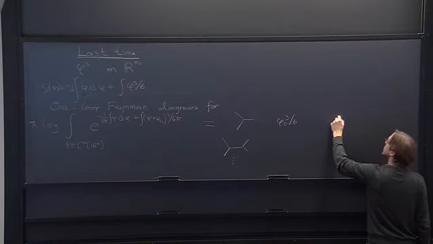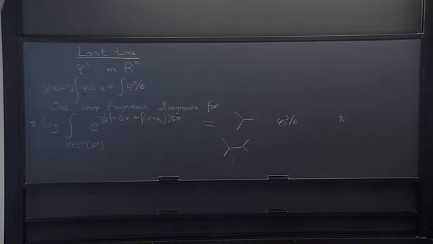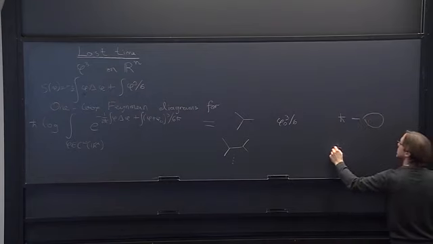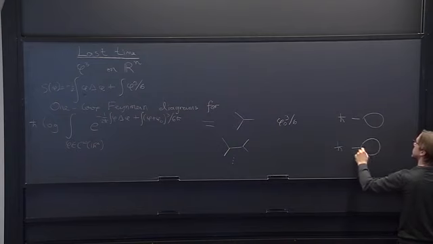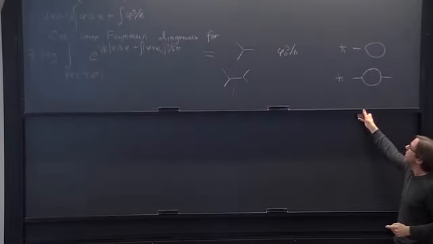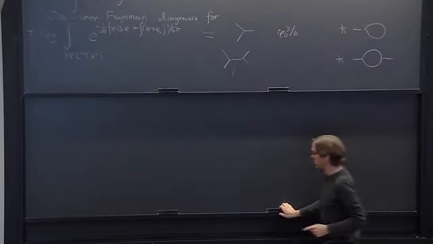And then there was an order h bar term. These were the first two order h bar terms, and then there were, of course, more terms. And what we saw was that this diagram here is divergent.